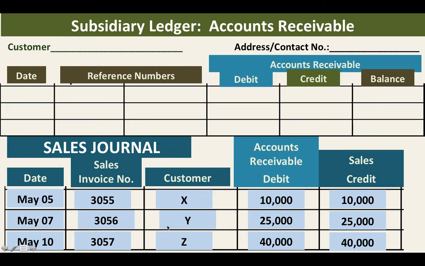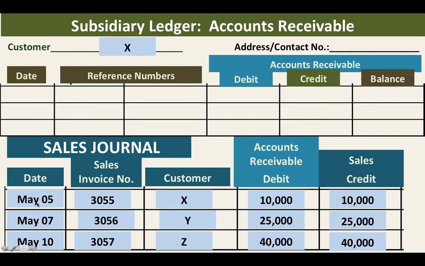So if we are going to maintain, okay, a subsidiary ledger for customer X, it means, class, that we are going to maintain a subsidiary ledger sa lahat nating customer. Okay, customer Y, customer Z, meron din siyang ganitong record. So at this time, we are going to present the subsidiary ledger for customer X.